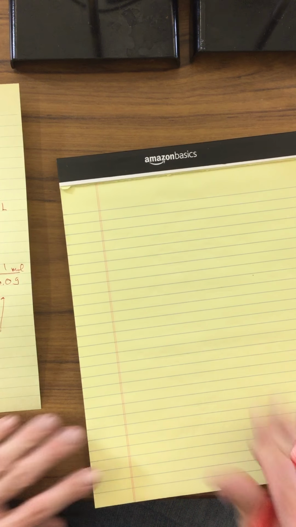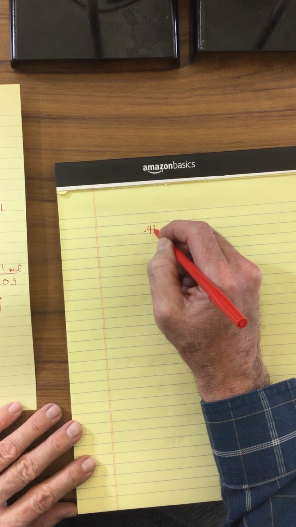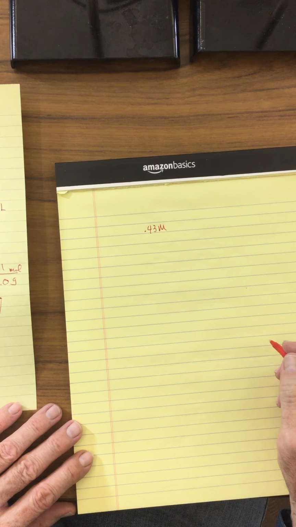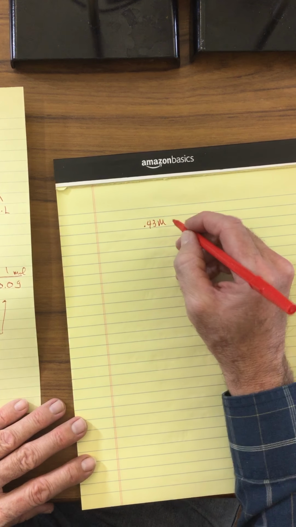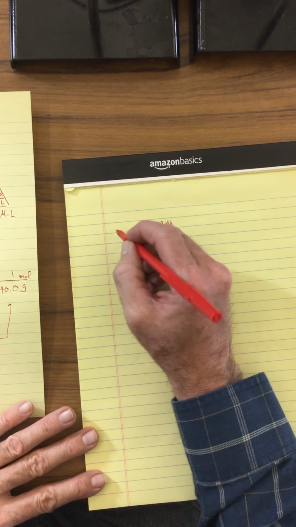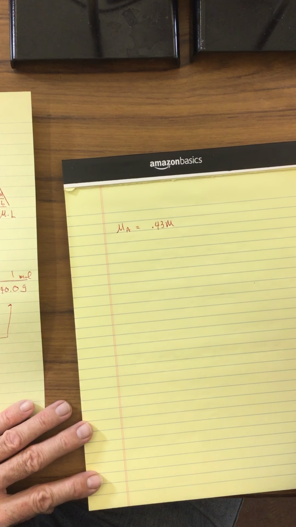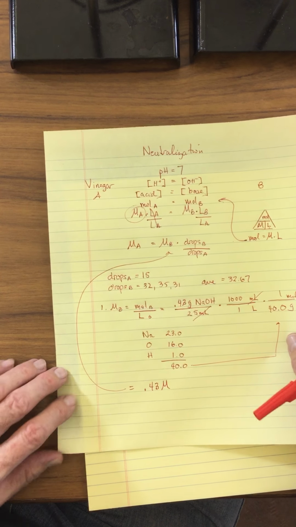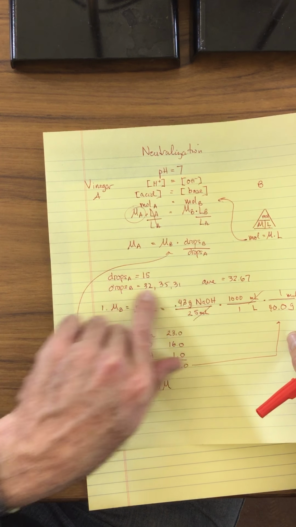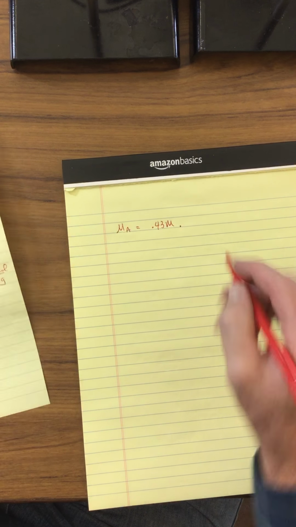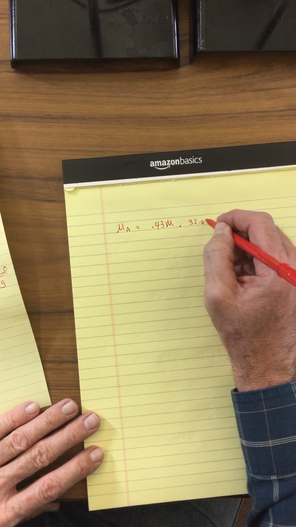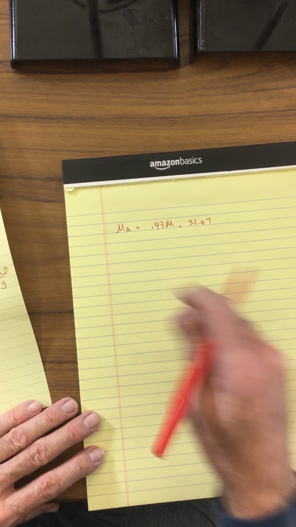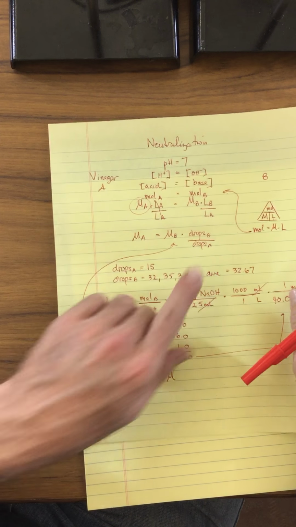So let's plug it into that formula. We have 0.43 molar. This is the concentration of my base. The concentration of my acid will equal that times the drops of my base, which is 32.67, divided by the drops of my acid, which is 15.